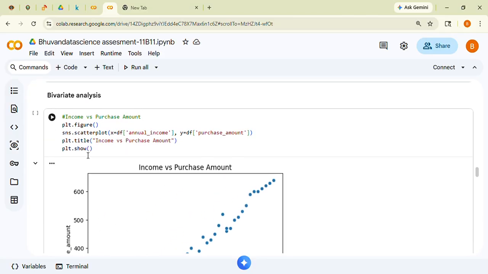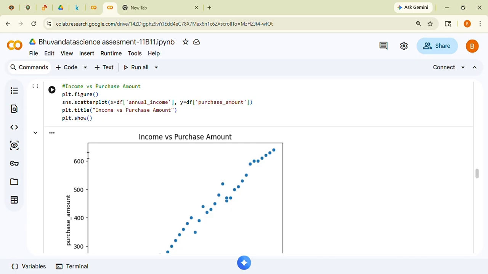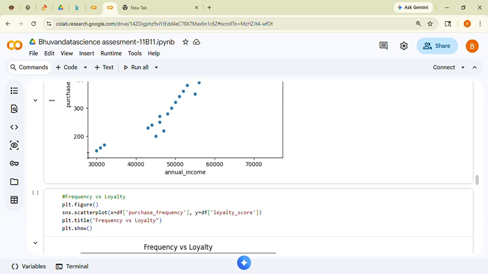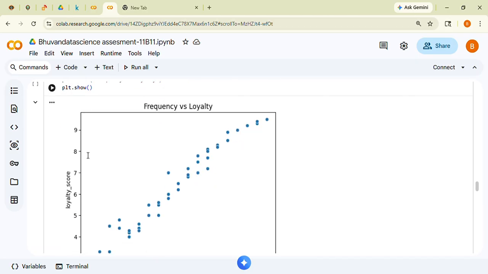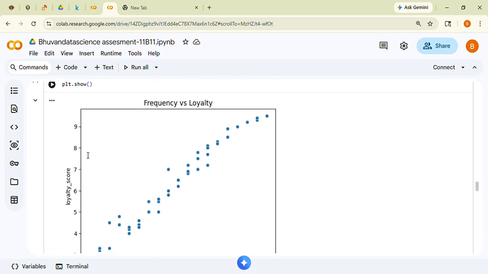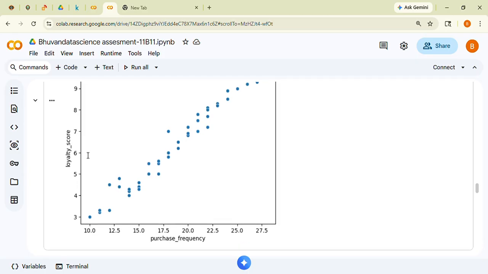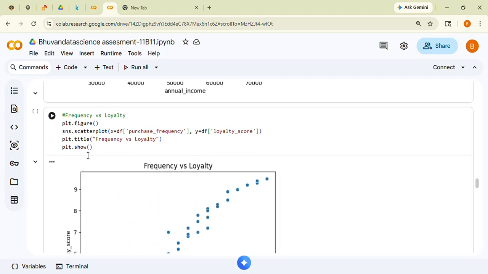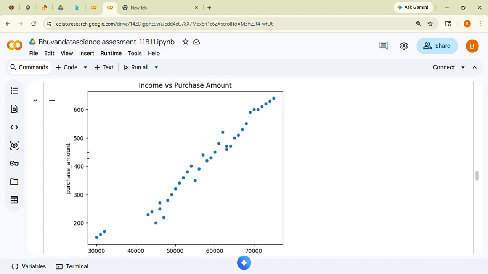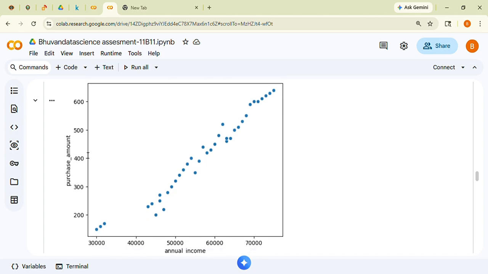When I plotted income versus purchase amount, I saw the higher income customers tend to spend more. In purchase frequency versus loyalty, I saw that customers who buy more frequently are more loyal. Here you can see both comparison graphs in bivariate analysis. From this step, I got a clear idea of customer behavior.